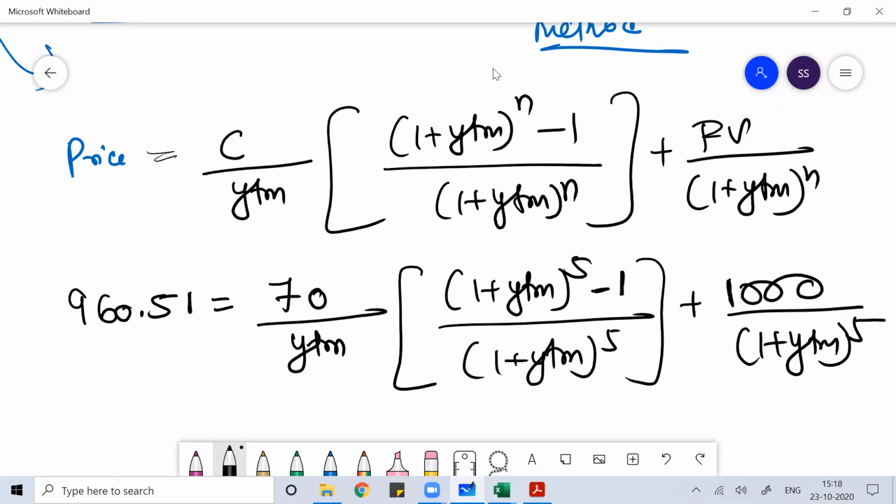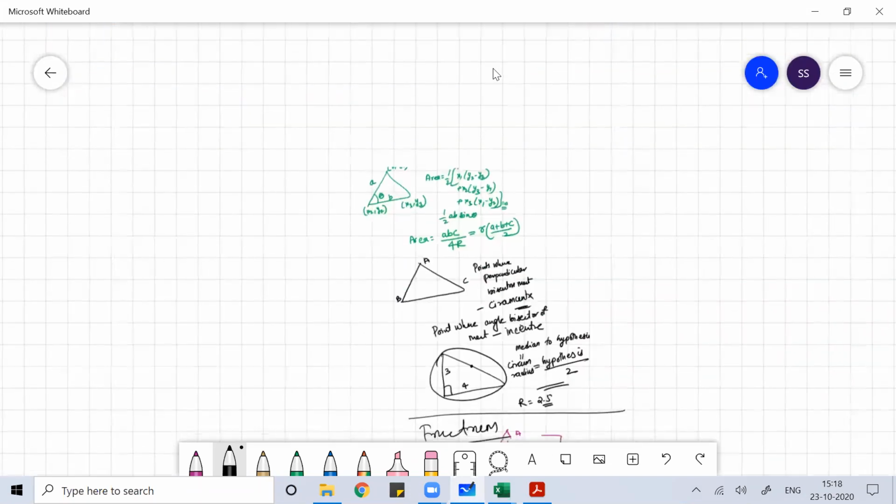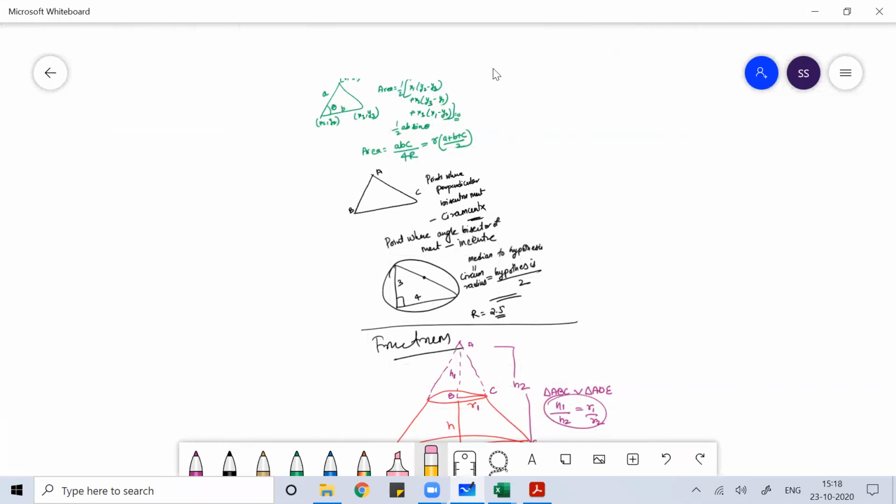So can I start solving it by the trial and error method? Are you understanding everything? There is only one way to find YTM, and that is trial and error.